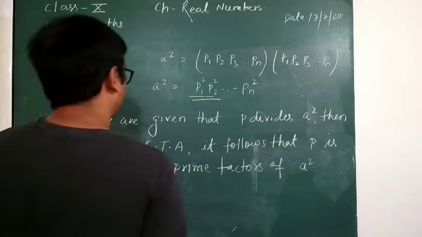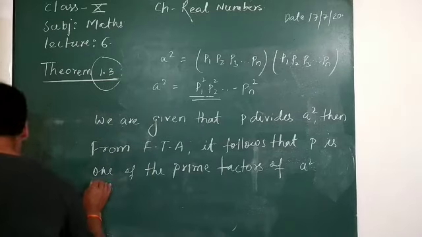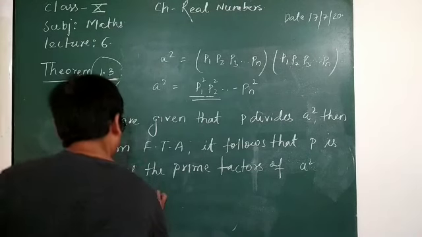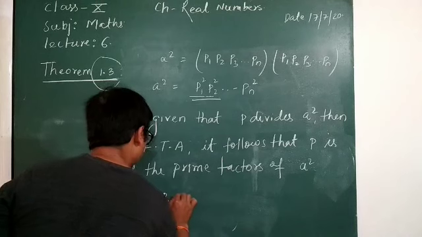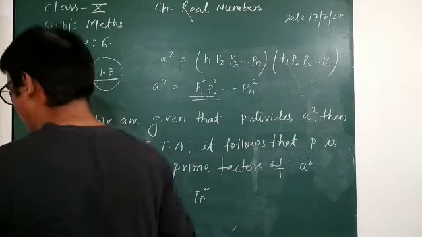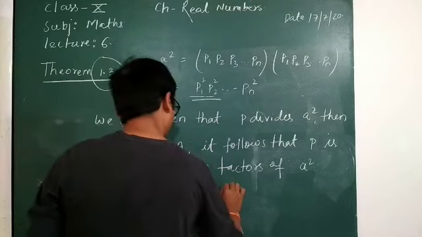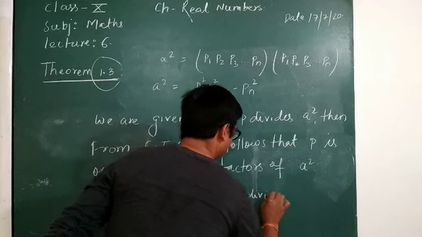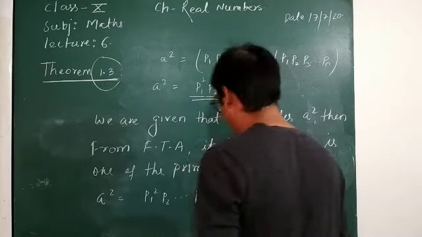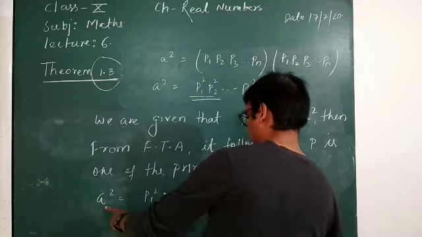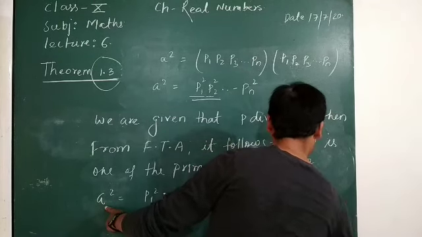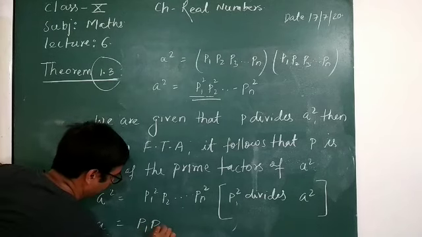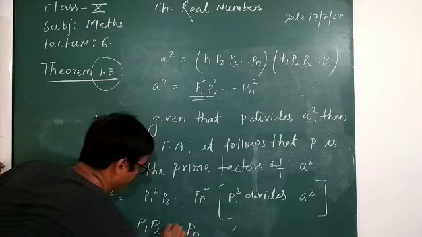So here we can write that A square is equal to P1 square, P2 square, Pn square. In bracket we can write that P1 square divides this A square. In a similar way, we can write A is equal to P1, P2, Pn.